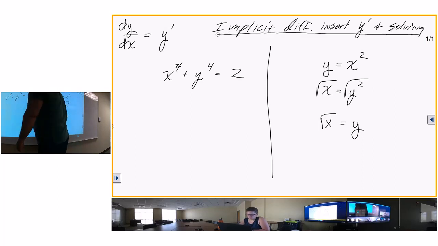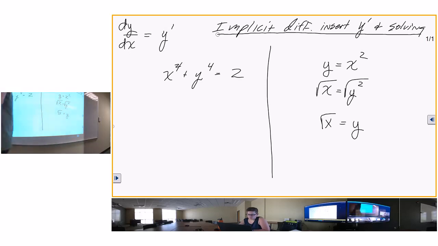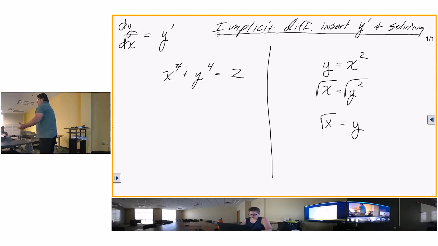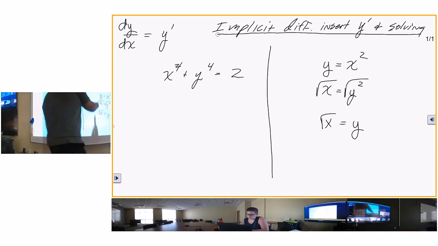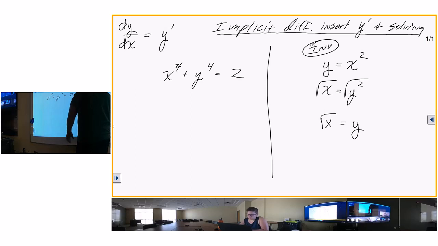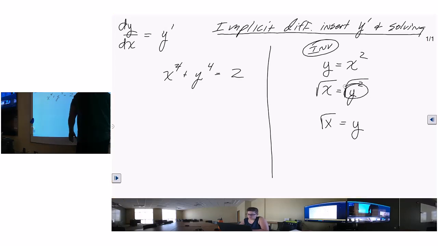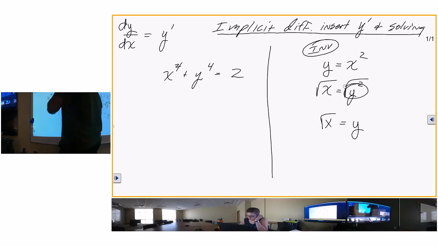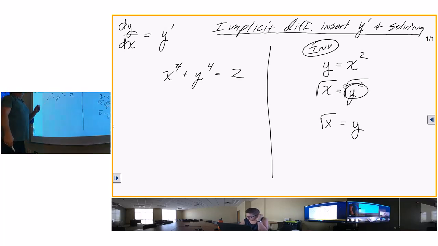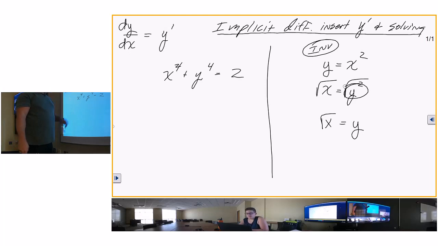Now, not all the time are you going to be able to solve in one step, so you're going to have to fall back on what? Algebra or calculus? Algebra, to solve for that y. Okay? This is when we found the inverse back in algebra. And we switched the x and the y, and then we solved for y. So over here, whenever you take the derivative of y, you're going to put a y prime beside it.